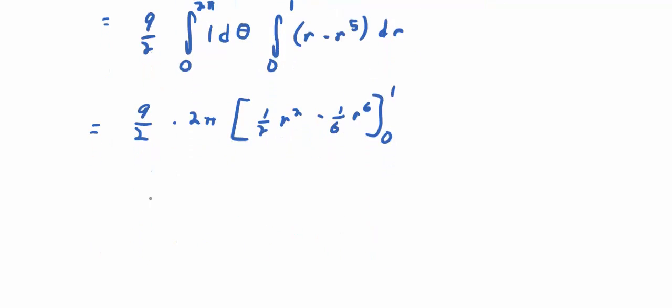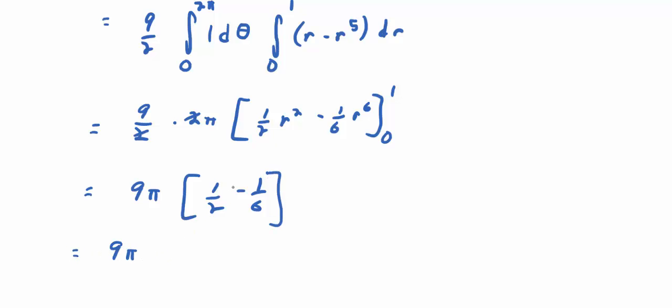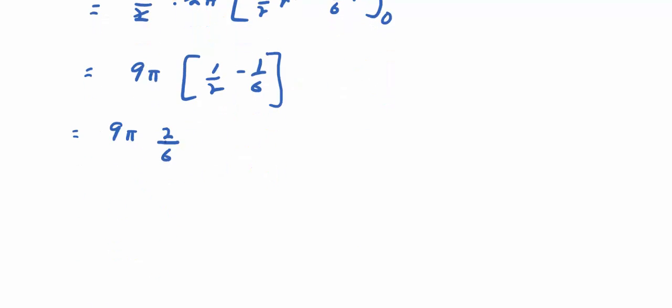And so that becomes just 9 pi out front. And then 1/2 minus 1/6. 1/2 is really 3/6, so 9 pi times 2/6, which is 1/3. So that's really 3 pi. All right, let's take a break.